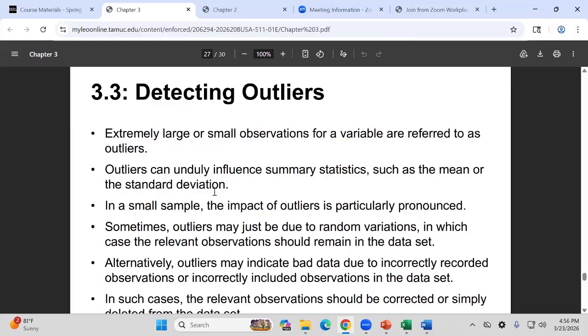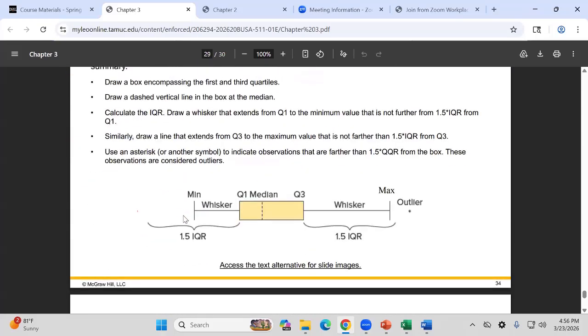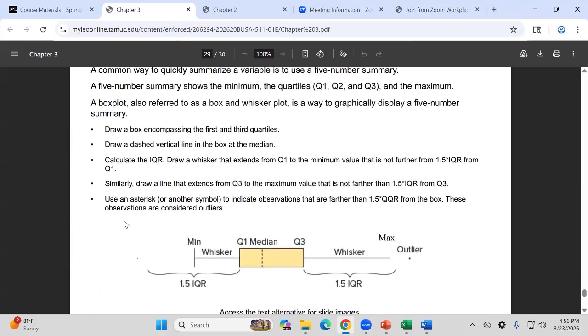First, you need to detect outliers. We use this method. We just talked about IQR, right? Interquartile range. Interquartile range shows you 50% of your data set could vary in the range in IQR.